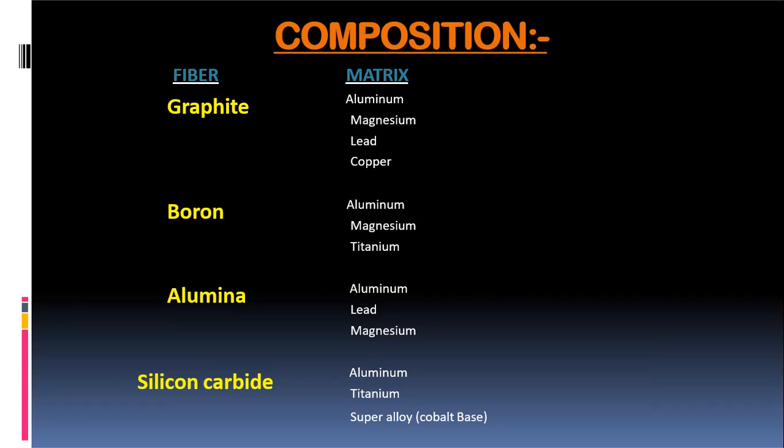And second one is the boron, which has the aluminum, magnesium, and titanium matrix. And third one is the alumina, which has the matrix aluminum, lead, and magnesium. And next one is the silicon carbide, which has the matrix of aluminum, titanium, and super alloy.